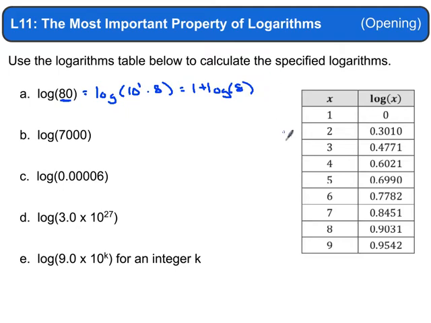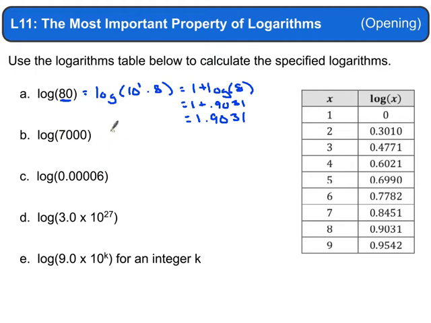Now if we look up log 8 in the table, it tells us that log 8 is 0.9031. So this is equal to 1 plus 0.9031, and we find that our answer is 1.9031.